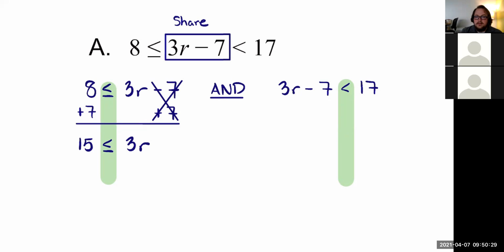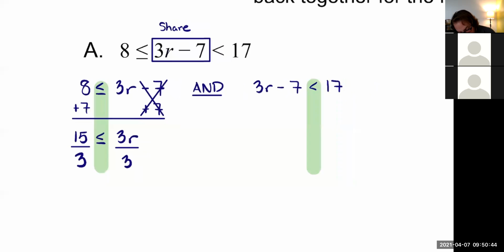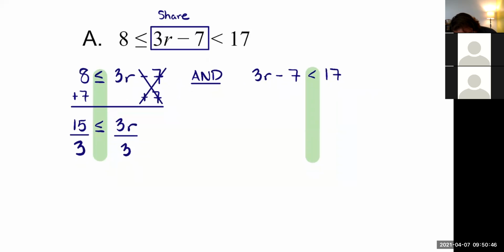Then what's left to move? The 3, because we're still just trying to get that variable by itself. So it's currently being multiplied with the r. We do the opposite, which is division. 15 divided by 3 is going to give me 5, is less than or equal to the 3 divided by 3, which is 1, which we hide, leaving us with r.